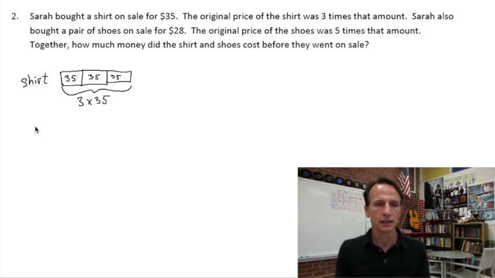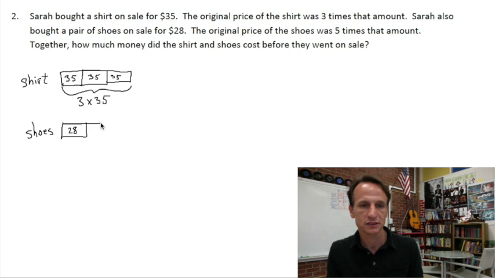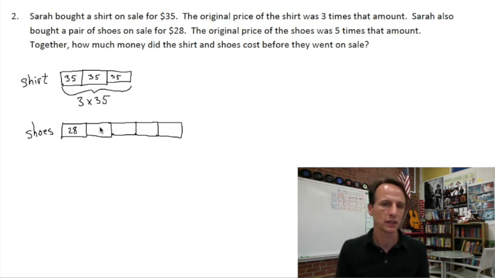And then the shoes, we'll write out the word shoes. They were on sale for $28. So here's 28, and originally they were 5 times that amount. So a second 28, a third, a fourth, and a fifth would have been the original cost.